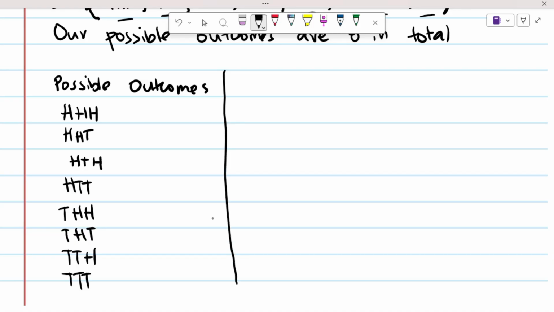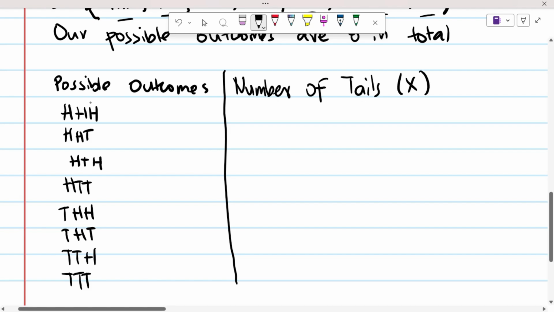And then our random variable X is the number of tails, right? So this is our random variable X, the number of tails. Now, how many tails do we have in our first outcome? There are 0, right? Because we don't have tail. How many tails do we have for the second outcome? We have 1, right? How many tails do we have for the third outcome? We have another 1.